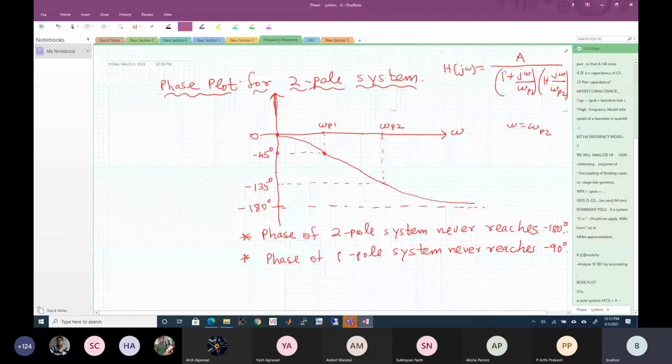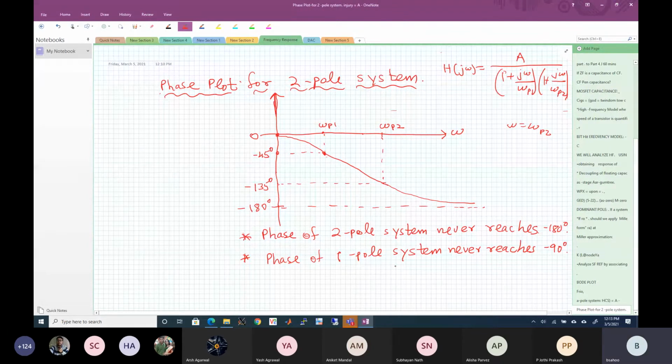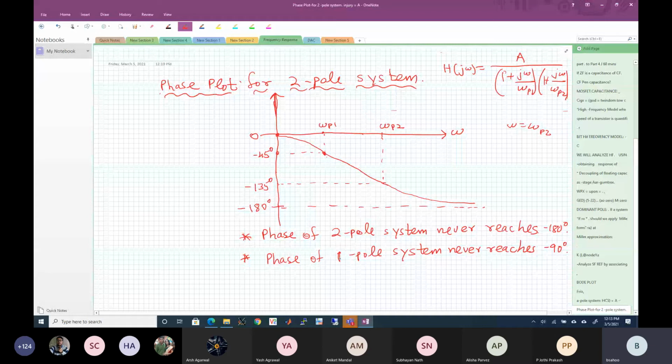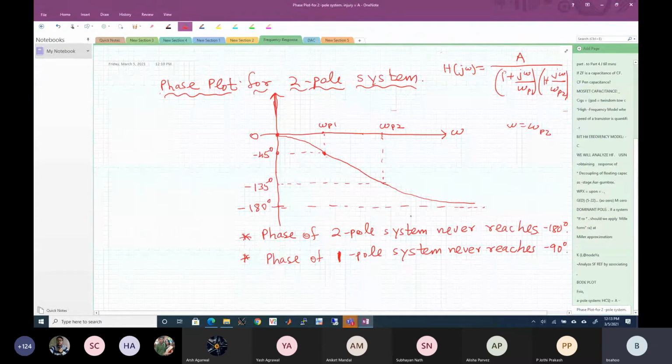So this is what it is going to look like, minus 180 and minus 90 degrees. This is the overall phase response of the single pole and two pole systems.